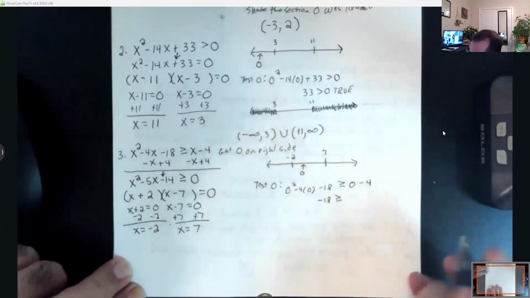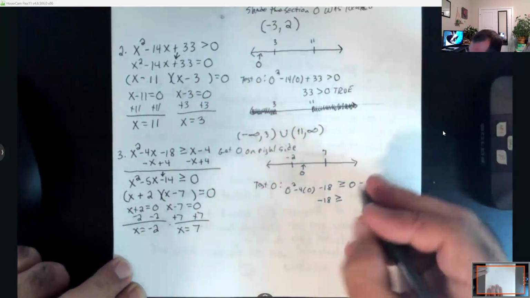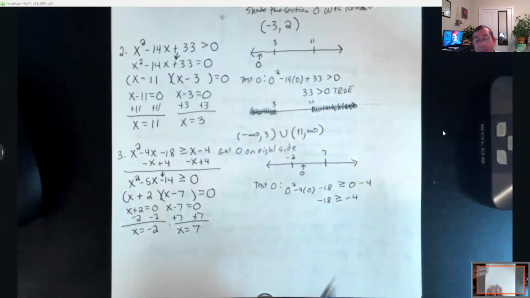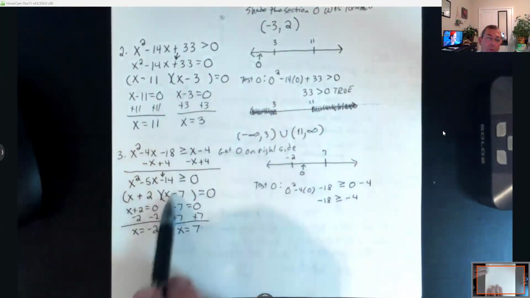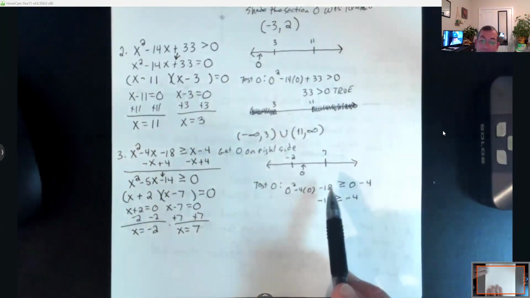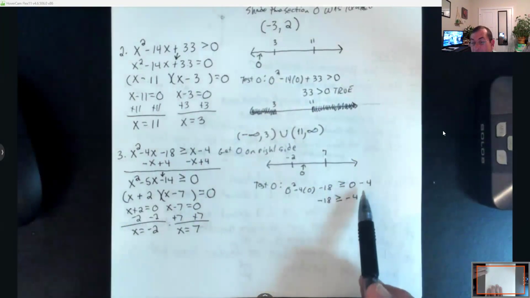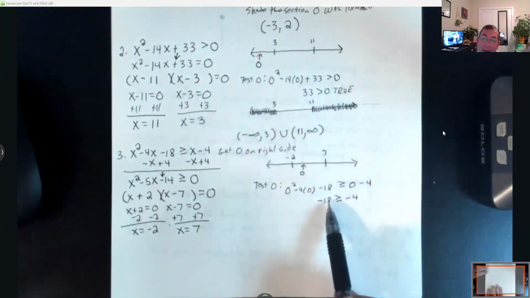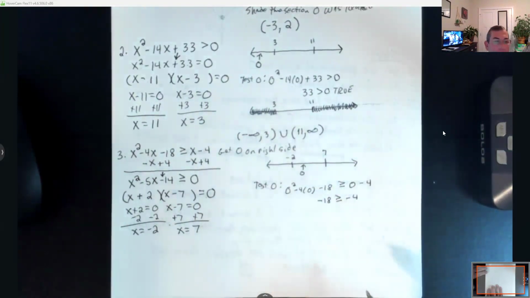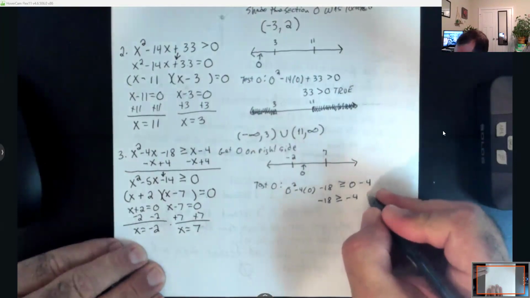Greater than or equal, and y'all 0 minus 4, that's just going to give me negative 4. So since I'm using zeros, it don't matter which one of these I use. It's still pretty much, is this number greater than or equal to that number? So my question, is that true? Is a negative 18 greater than or equal to negative 4? Y'all are saying false. Good job.